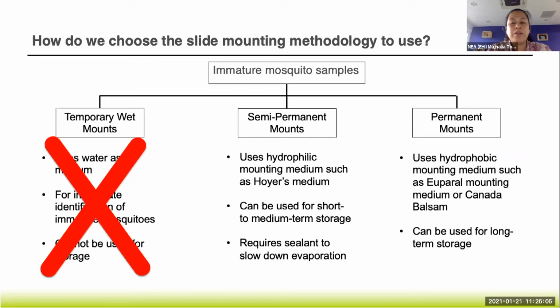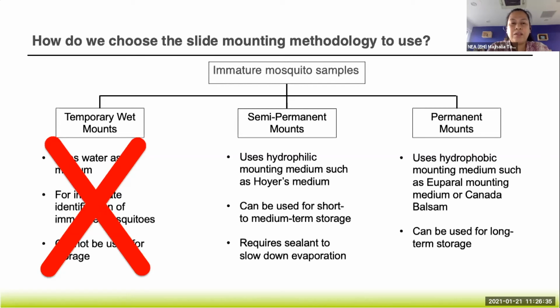But for permanent mounts, this one can stay there for a long, long time. In my former institution, I've seen some samples from the 1930s. So imagine how old that sample is, and they're still okay. And it was done in Canada balsam. So these are what we call hydrophobic mounting medium. They try to move away from water, so they don't absorb any moisture from the environment.